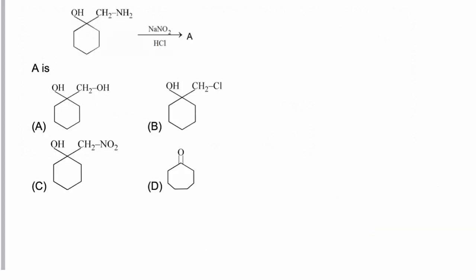In this reaction we have to find final product of the reaction. Now this reaction is the case of semi-pinacol to pinacolone rearrangement. Now in first step OH and CH2NH2 on reacting with NaNO2 or HCl, it will form HNO2 which will produce NO positive.